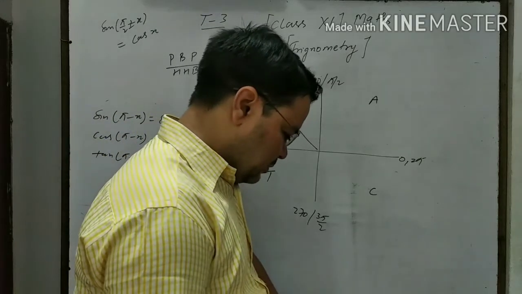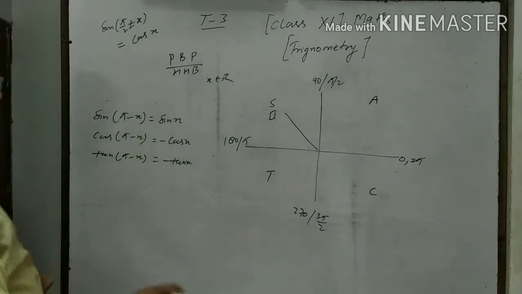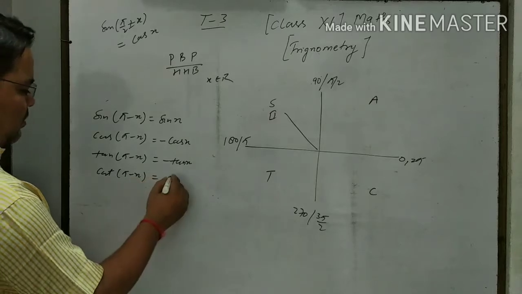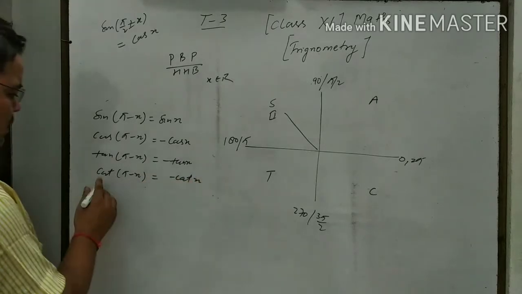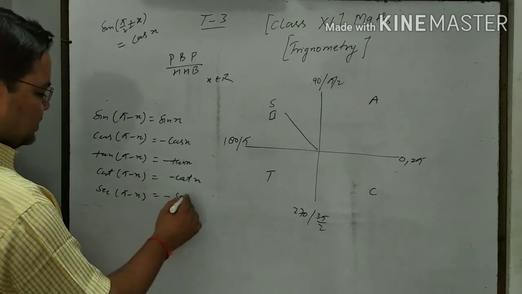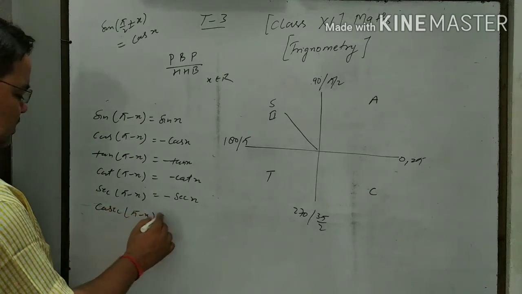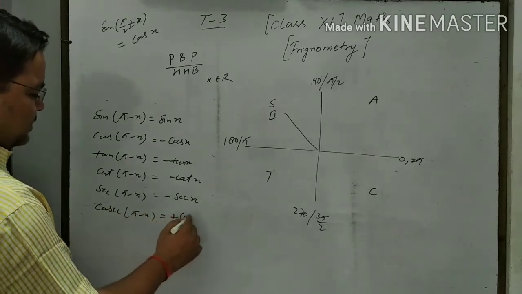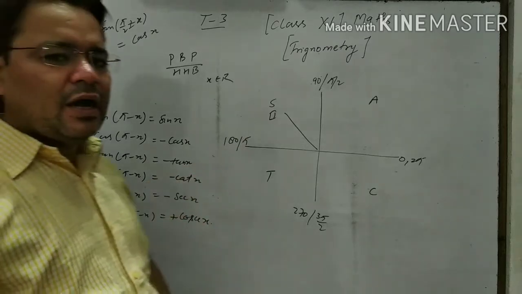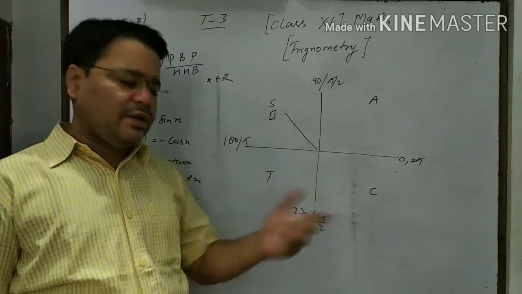So here tan(pi minus x) is equal to minus tan x, and similarly cot(pi minus x) is equal to minus cot x, sec(pi minus x) is equal to minus sec x, but here cosec(pi minus x) is equal to plus cosec x, because this is the second quadrant, and in the second quadrant sine and cosec will be positive and others will be negative.